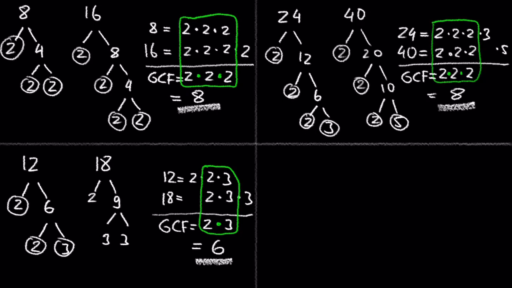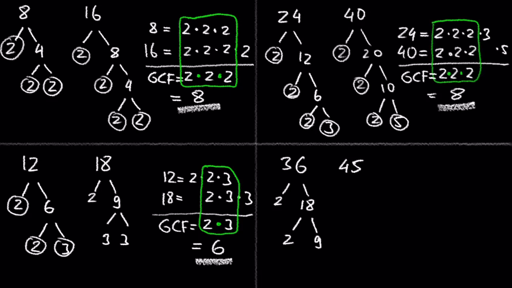Feel free to pause the video and find the GCF between 36 and 45. 36 can be factored into 2 and 18. 18 can be factored into 2 and 9.